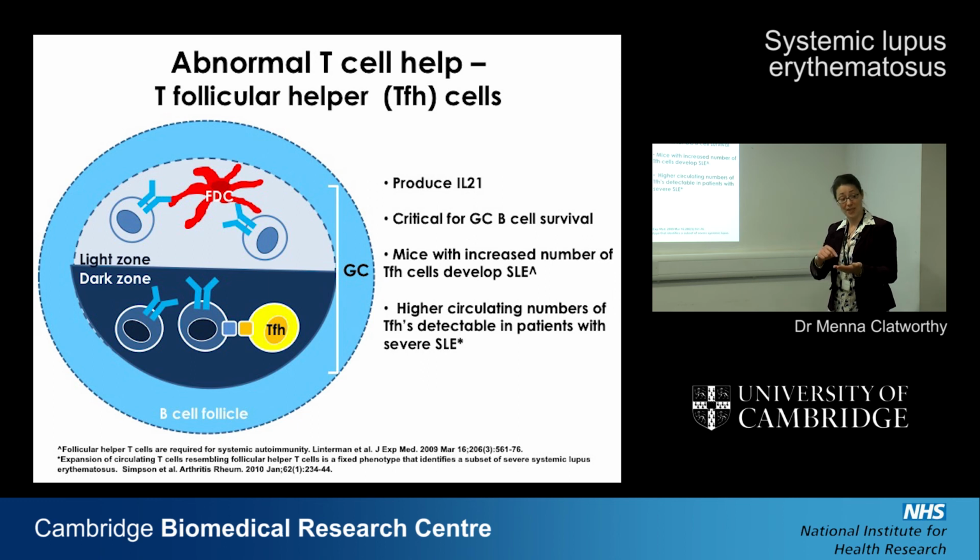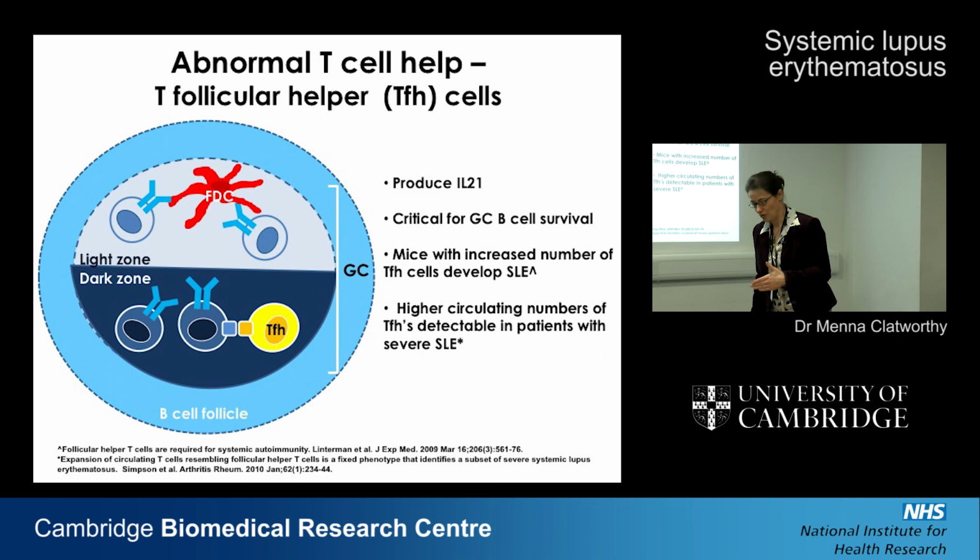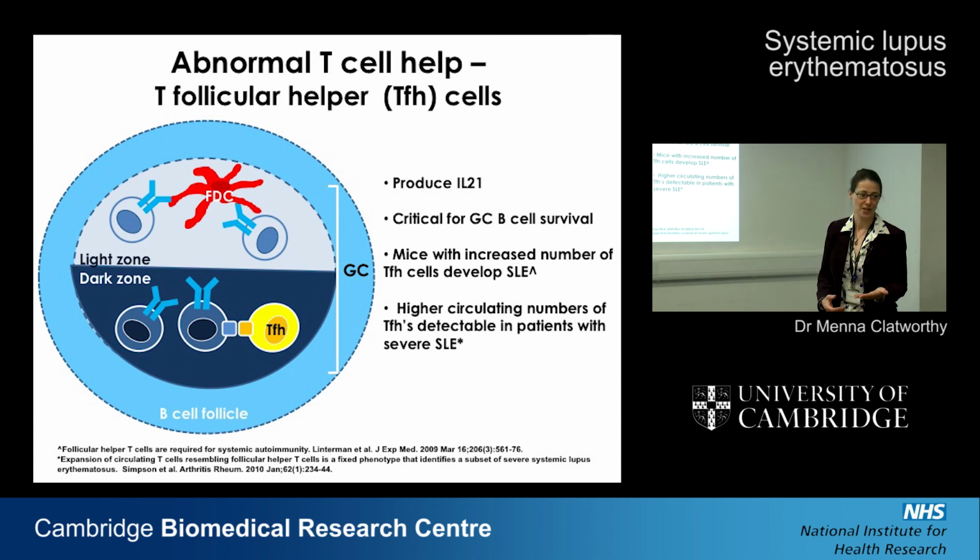You can put something into the mouse's diet that will increase the likelihood of mutations. People have done that using ethyl nitrosourea, which if you put in the drinking water of mice, makes them get more mutations.